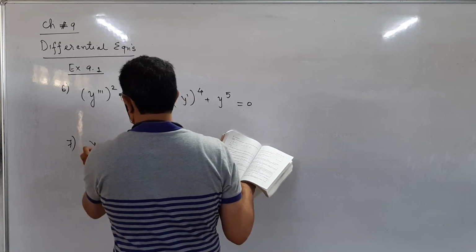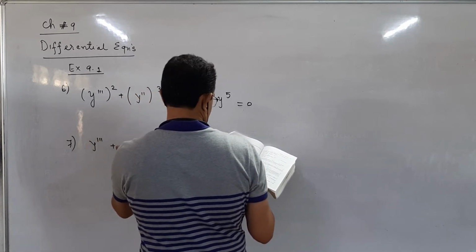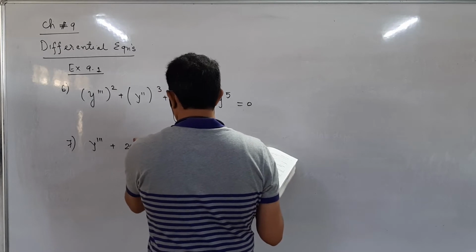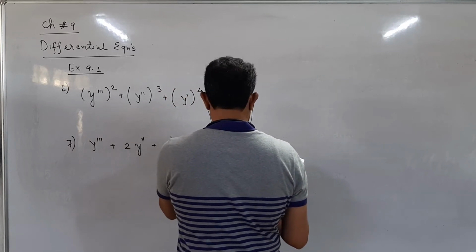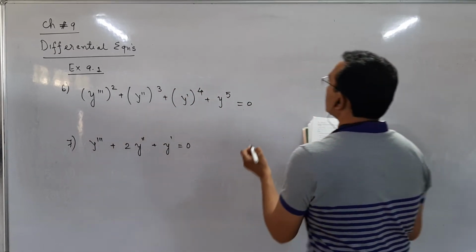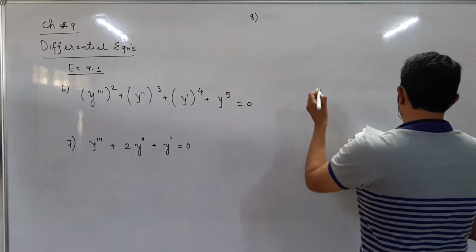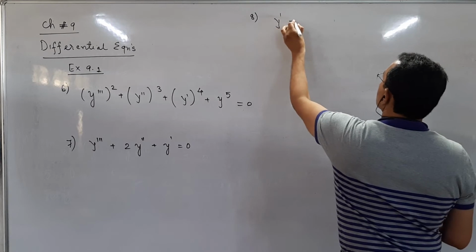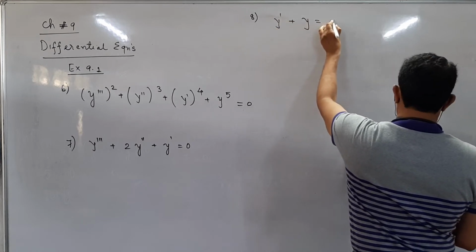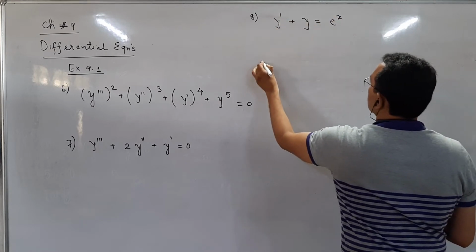Okay, 7th: y triple dash plus twice y double dash plus y dash is equal to 0. Okay, 8: y dash plus y is equal to e raised to x.